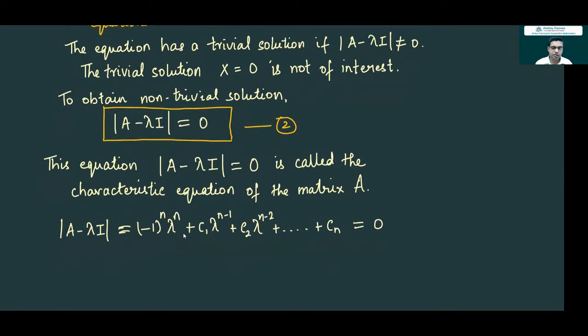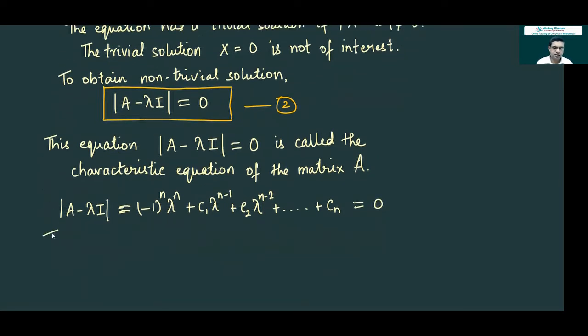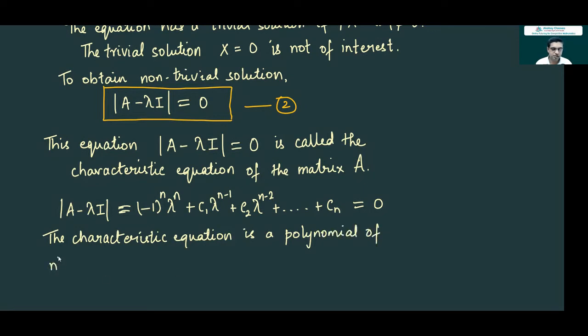So the characteristic equation is a polynomial of nth degree in lambda.